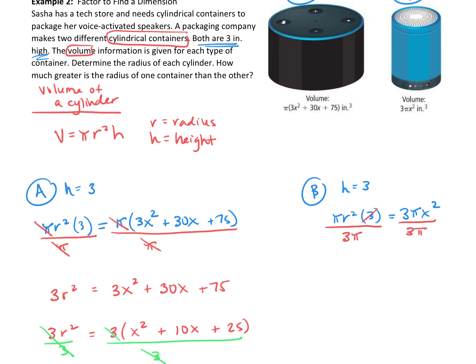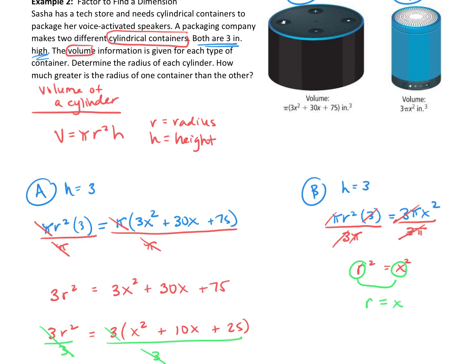The 3 cancels the 3, the pi cancels the pi, and we get to carry down just an r squared. On the right side, the 3 pi cancels the 3 pi, leaving us with just an x squared. So what we have now is we are squaring our radius, and that's equal to squaring the x value. So that means that our radius must be equal to x.